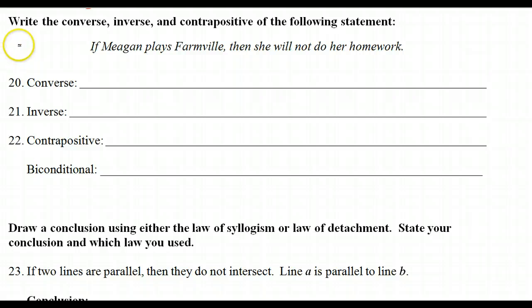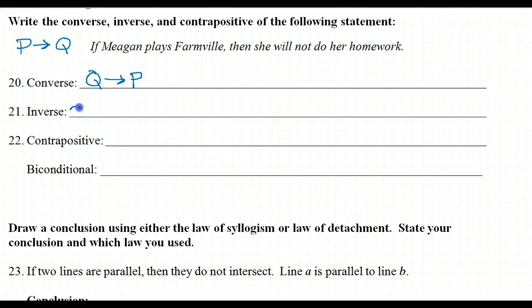If an original statement is of the form if P, then Q, and that's how we model that. Remember that the converse is the one that is backwards. So the converse would be of the form if Q, then P. Now, the inverse is the one where we follow the original order, but we negate both parts, the hypothesis and the conclusion.